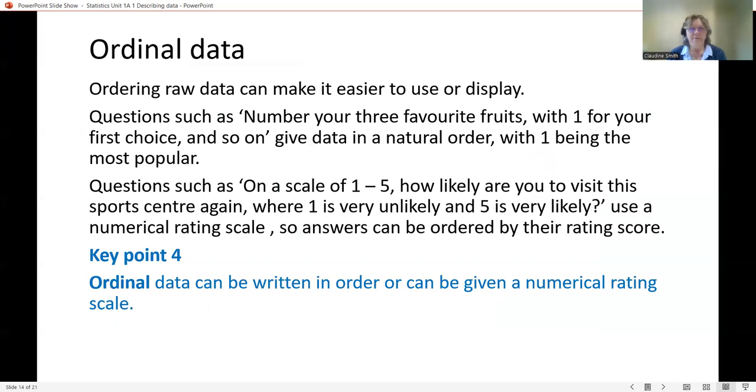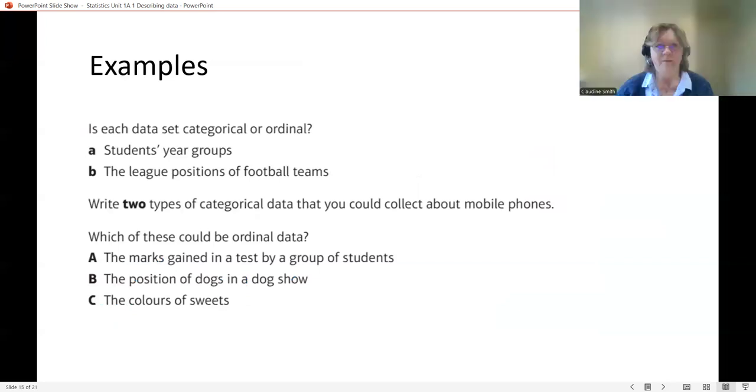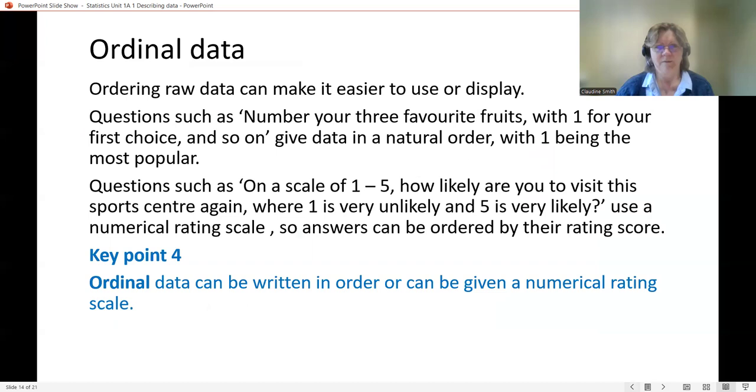Ordinal data. So ordering raw data can make it easier to use or display. Questions such as number your 3 favourite fruits, 1 for your first choice, and so on, give data in a natural order, with 1 being the most popular.